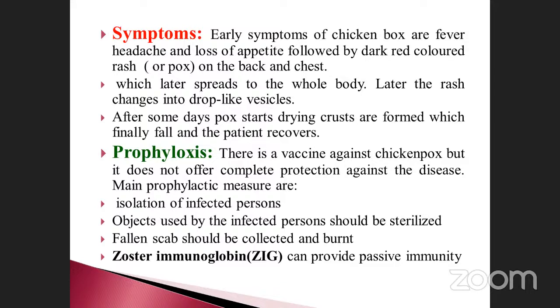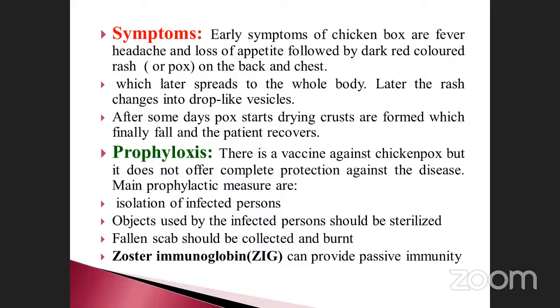Prophylaxis. What are the preventive measures? There is a vaccine against chickenpox, but it does not offer complete protection against the disease. The main prophylactic measures are isolation of the infected person. Objects used by the infected person should be sterilized. You can use neem oil, the neem plant.